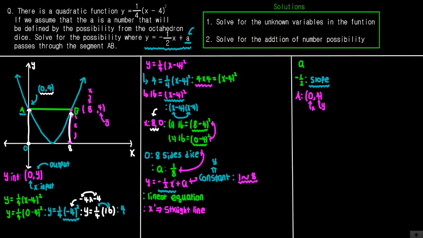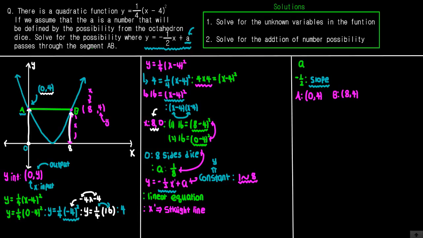And let's think about the point B. The point B is 8, 4, where the only difference from point A is our x value. So if you find the a value that passes through either A or B, those will define the functions that pass through our segment AB.